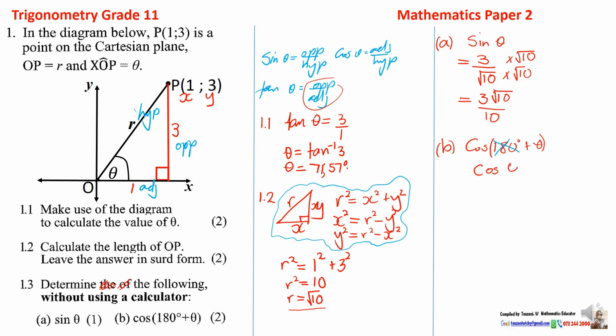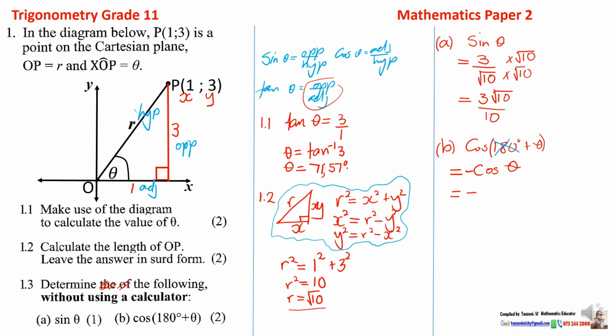But important now, if the 180 falls away, the resulting value becomes positive or negative depending on the CAST rule. So in this case, cos of 180 plus theta is in the third quadrant. In the third quadrant, cos is negative. So this is equal to negative cos theta.